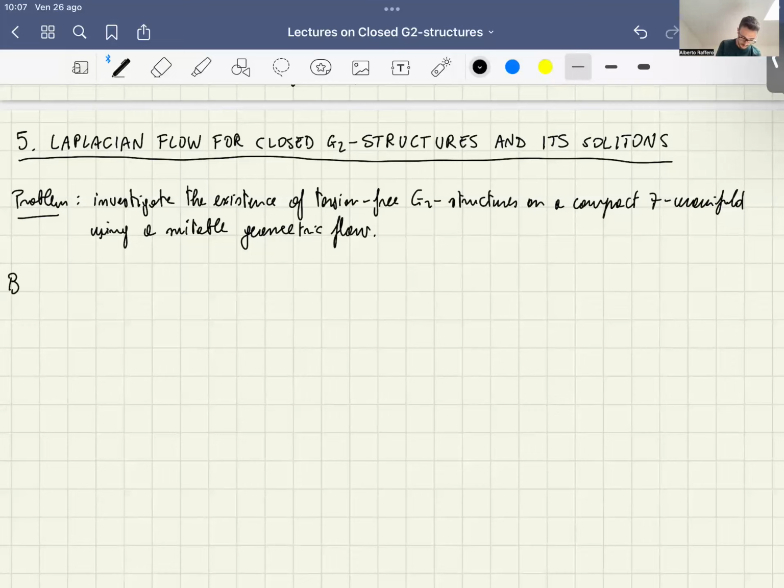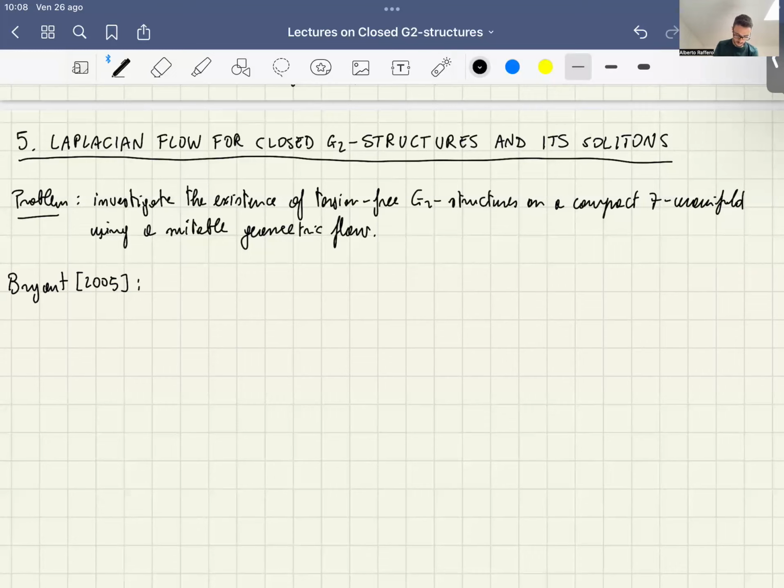So let's focus on this flow introduced by Bryant. You can find some information on the history of this flow and on the first properties in the paper by Bryant that you can find in the references. So this is the 2005 paper, Some remarks on G2 structures.